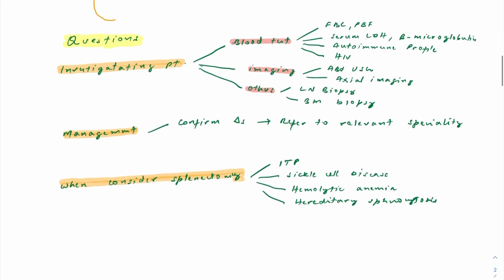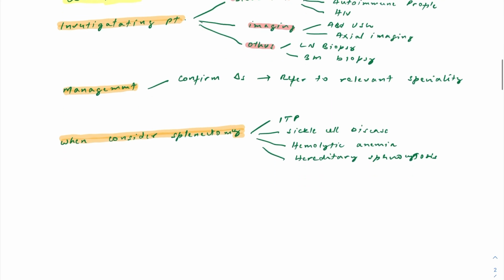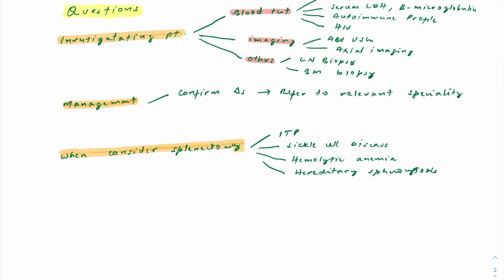Then this is a quite common question which comes up in the viva of this splenomegaly case: when do we consider splenectomy? Normally splenectomy should be avoided because it's a high-risk operation and it is rarely curative.